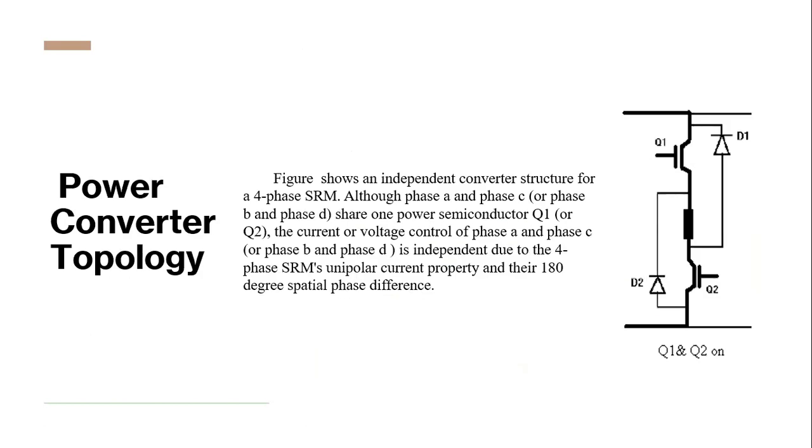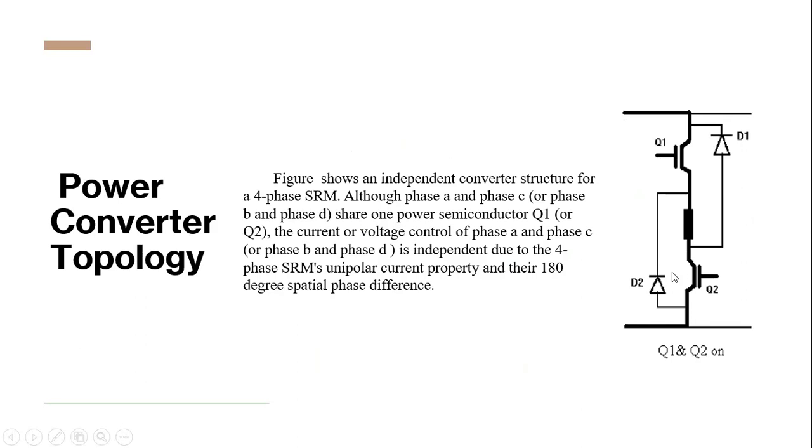Now we have to talk about the power converter topology. Here we see in one leg of this power converter there is a Q1 and Q2. Q1 and Q2 are the controlled devices and D1 and D2 are the uncontrolled devices. Why do we use this D1 and D2?